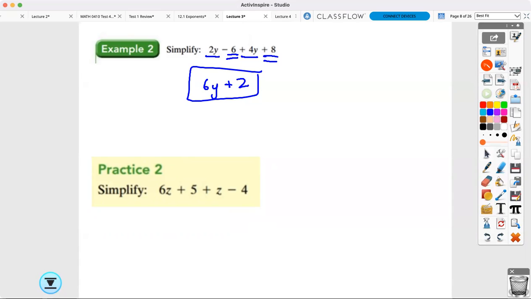Once you finish your practice problem, message me the answer, or you can message it to the chat for everyone, either or.